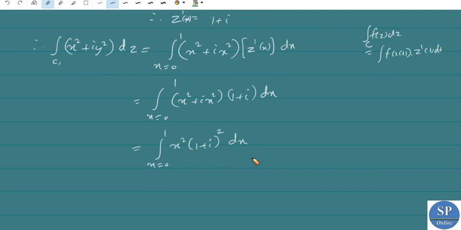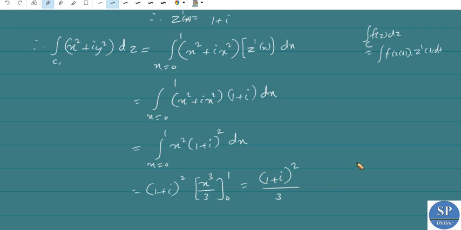So taking 1 plus i whole square outside, 1 plus i whole square into the integral of x square, that is x cube by 3 from 0 to 1, which is nothing but 1 by 3. So 1 plus i whole square divided by 3.